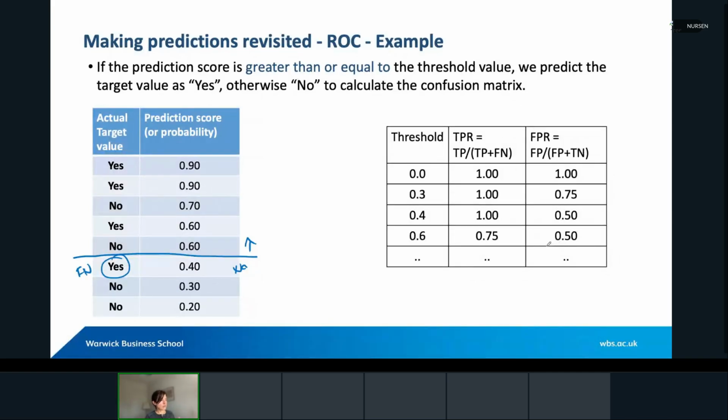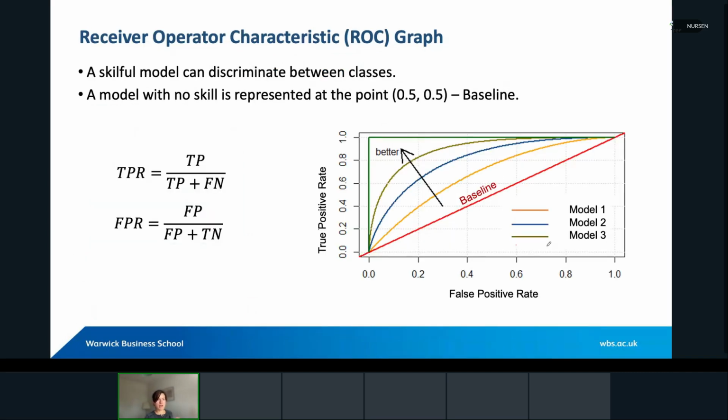So when we have all of these values, we just put them onto the ROC chart to see the model performance with respect to different thresholds. So the true positive rate, the percentage of actual responders identified correctly, is on the y-axis, and this is the incorrectly identified non-responders.